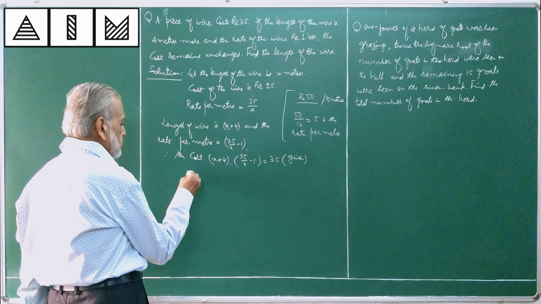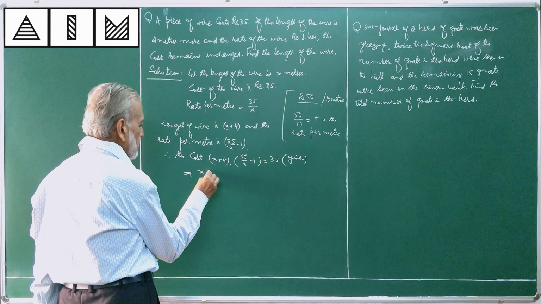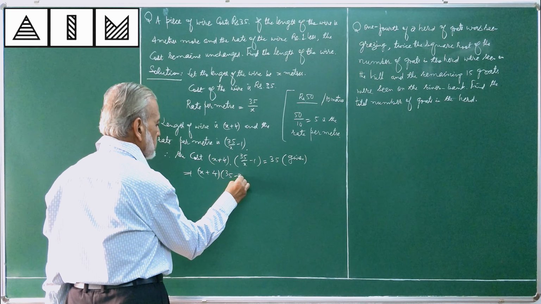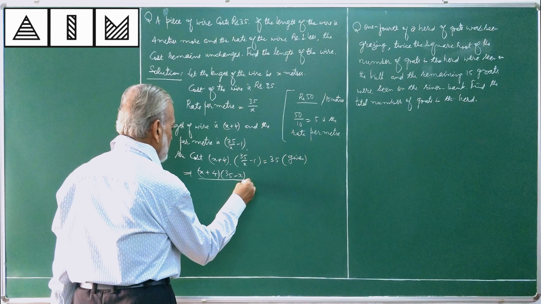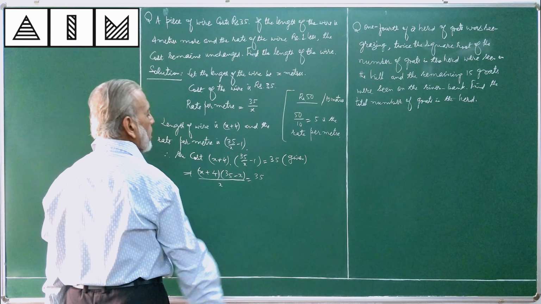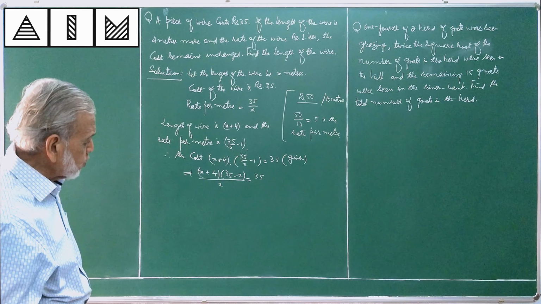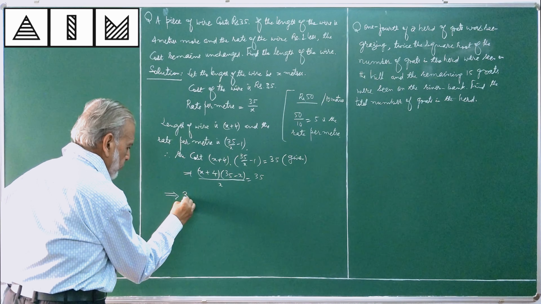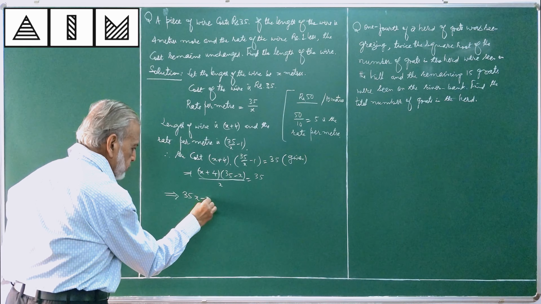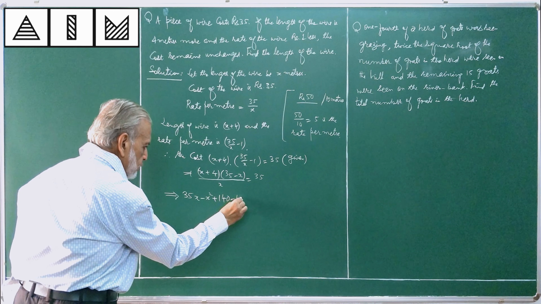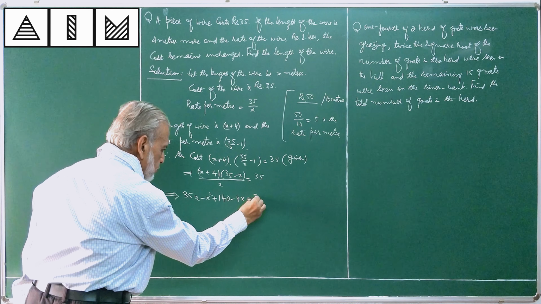I am solving, please concentrate. Simple work, needs no explanation. Opening this bracket, 35x minus x square plus 140 minus 4x is equal to 35x.